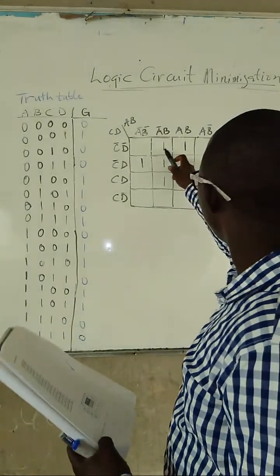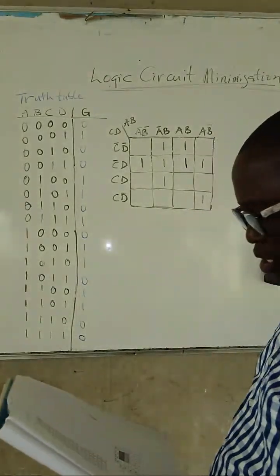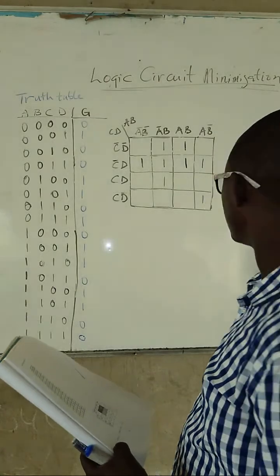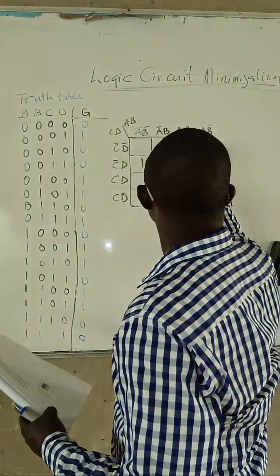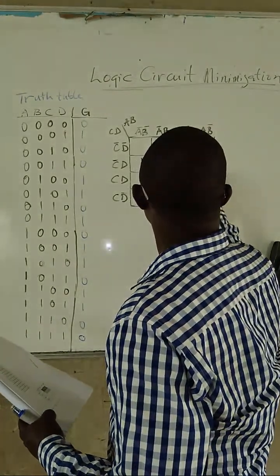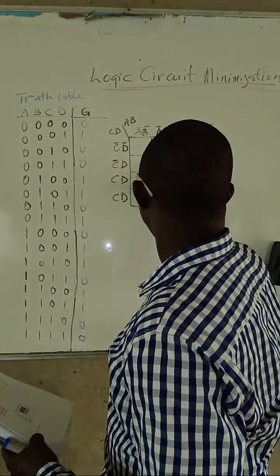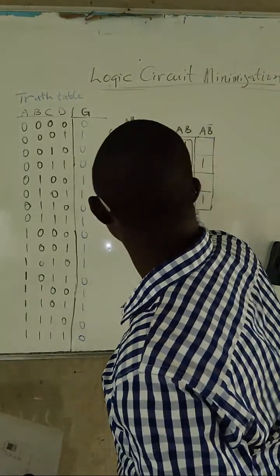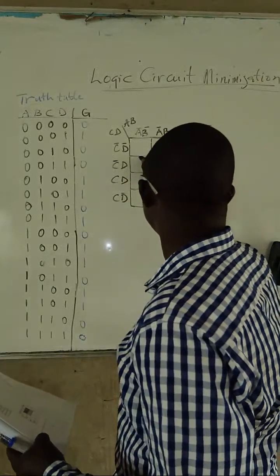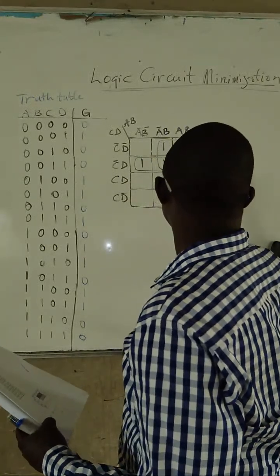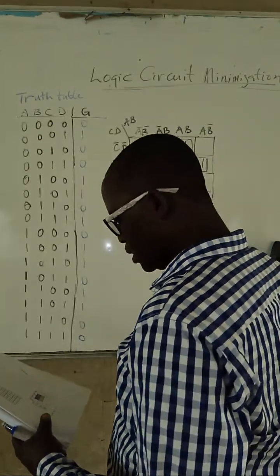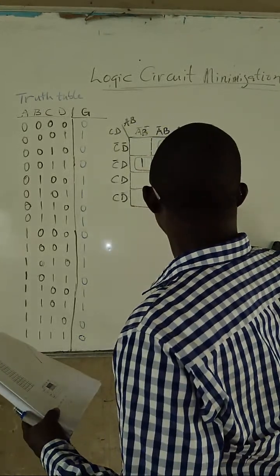So we have 1, 2, 3, 4. We can actually map those 4 together. And we have 1, 2, 3, 4. You can actually map the 4 of them together also. Then we have this particular one standing alone.